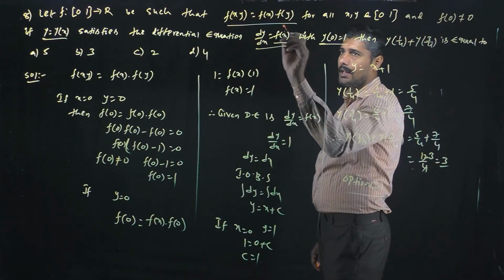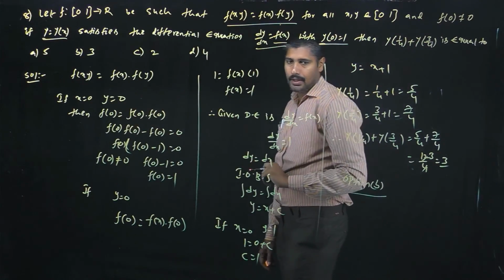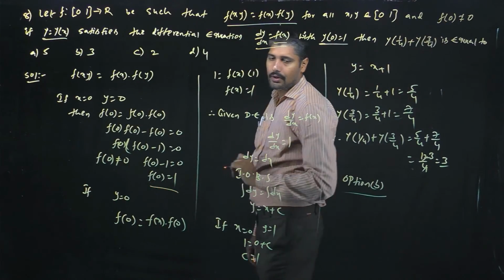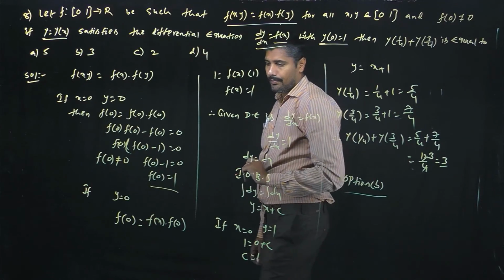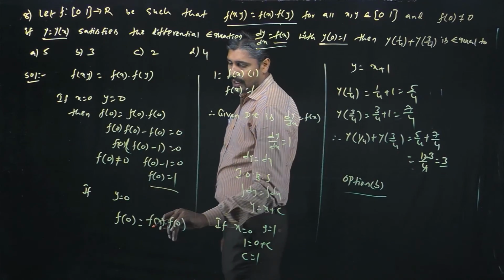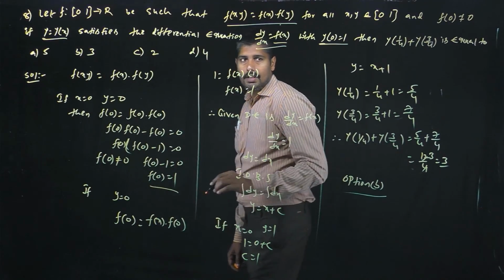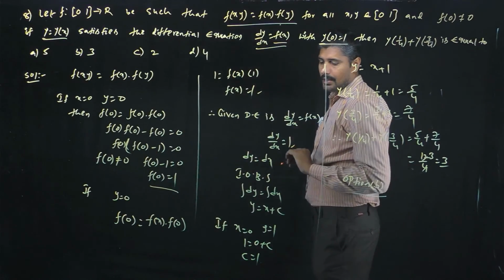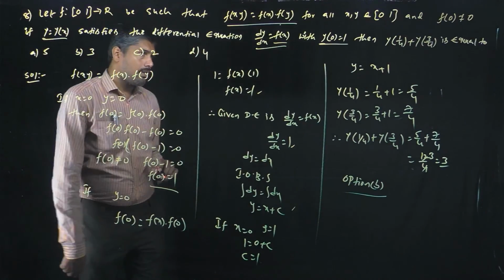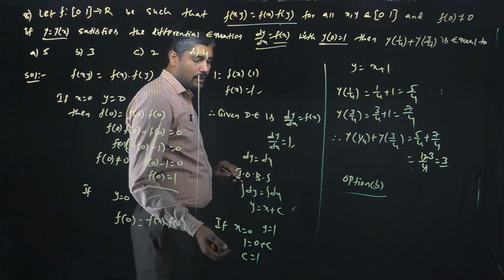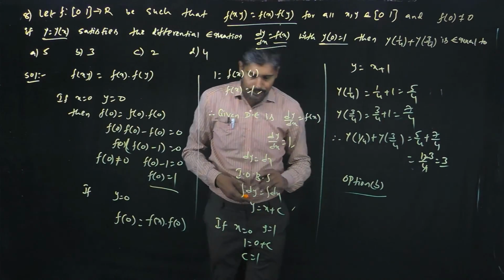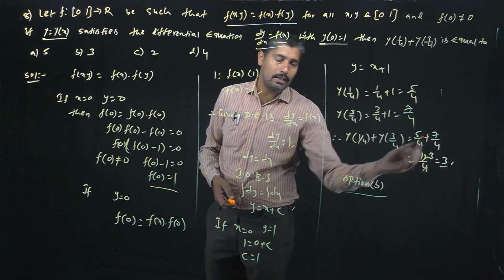For that purpose, I put x = 0 and y = 0. Given f(0) is not equal to 0, that's why we get f(0) = 1. Then once again I take y = 0, and we get f(x) = 1. Substituting in the given differential equation, y = x + c is the solution. Given x = 0 and y = 1, therefore c = 1. We find the values of y(1/4) and y(3/4). Adding both these, we get 3. That is the answer.